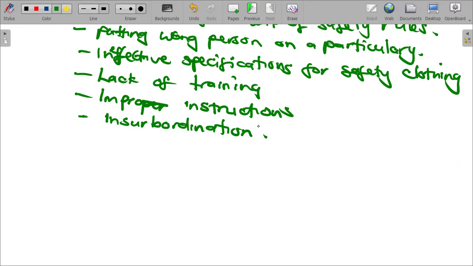Right. So we have exhausted many points. It might be absence of safety standards.